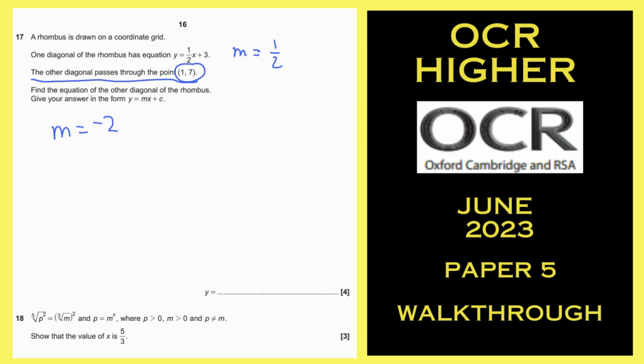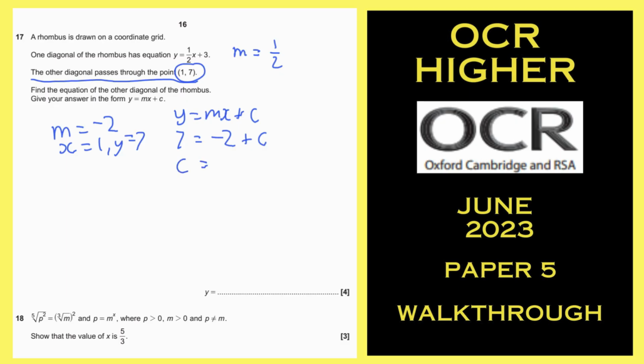We can now apply y equals mx plus c, but we can stick in the m is -2, the x is 1, the y is 7, and we're going to end up working out the c. So in goes the 7, in goes the mx, which is 1 times -2, and there we go.